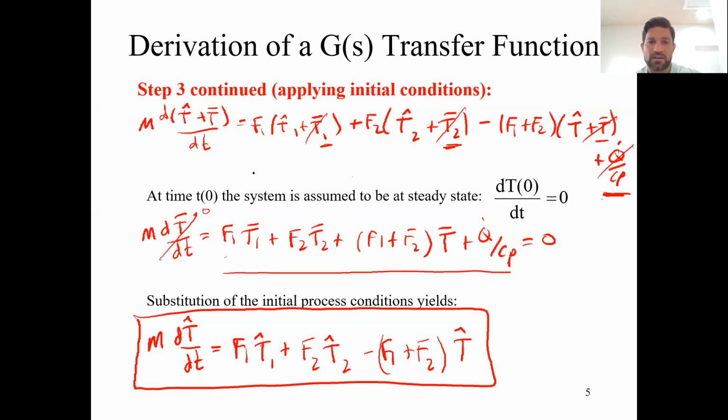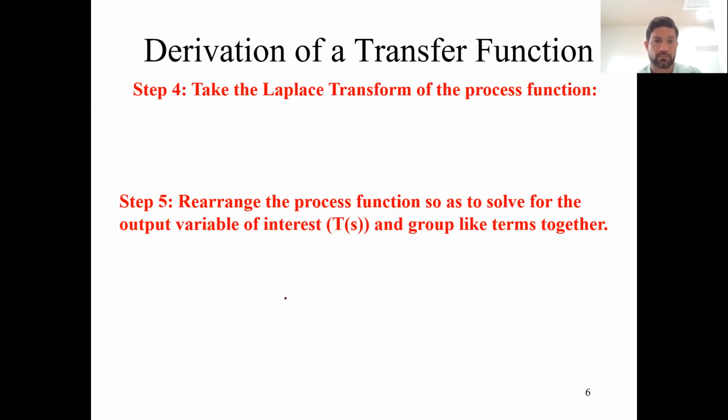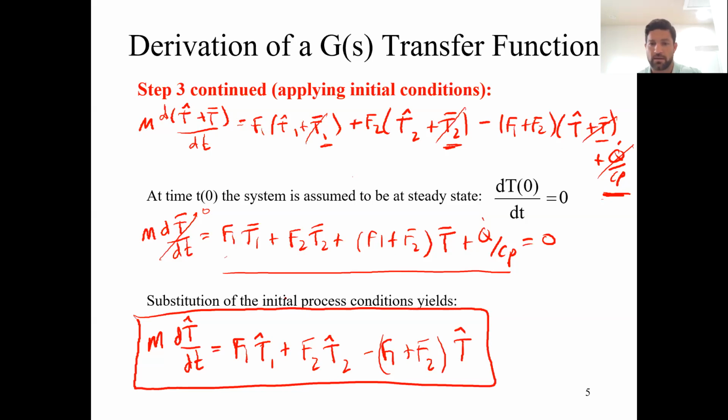So I could rearrange this and write it in this form, grouping all of these terms together, and these terms we know all equal 0. And this gives me my final equation written in deviation variable form.